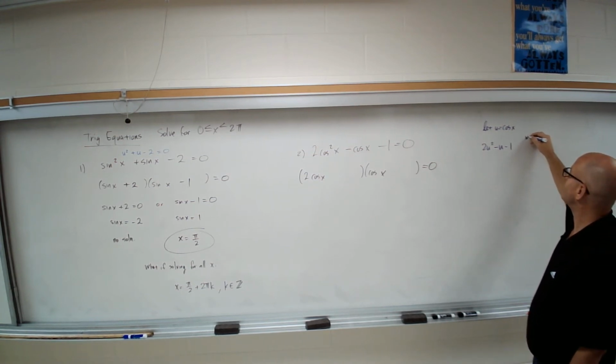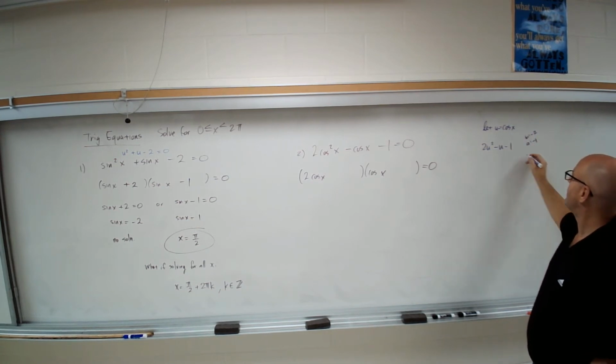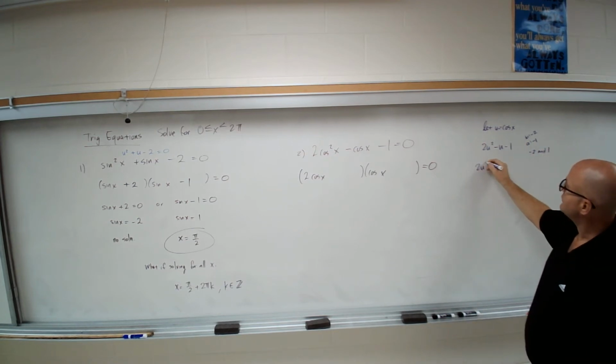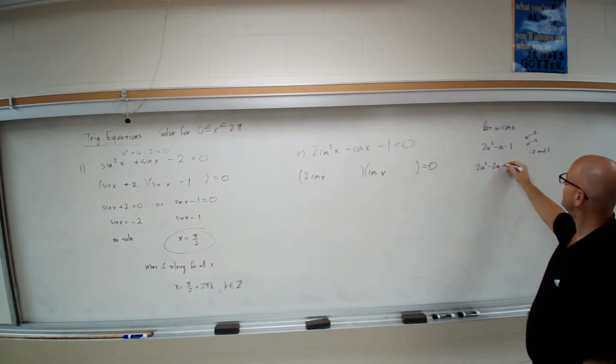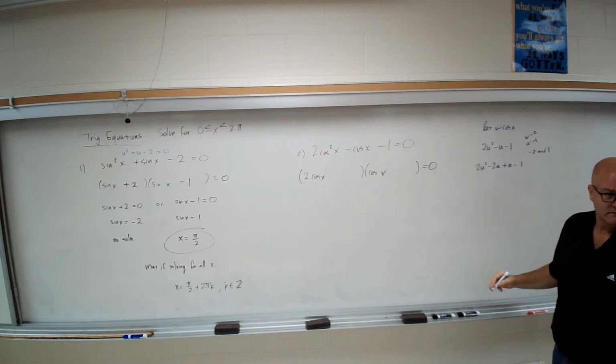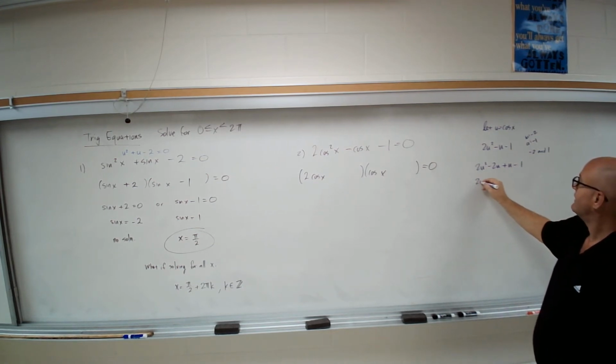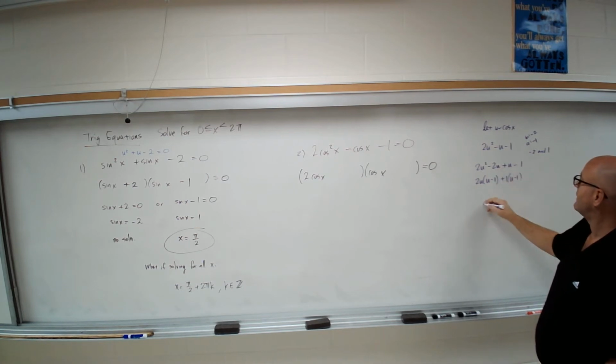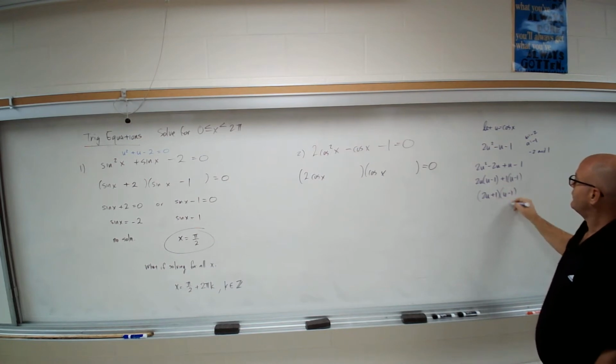I want to find two numbers that multiply to be -2, that add to be -1. That would be -2 and 1. So 2u squared minus 2u plus u minus 1. Right, and then we get 2u(u minus 1) plus 1(u minus 1). So (2u plus 1)(u minus 1).